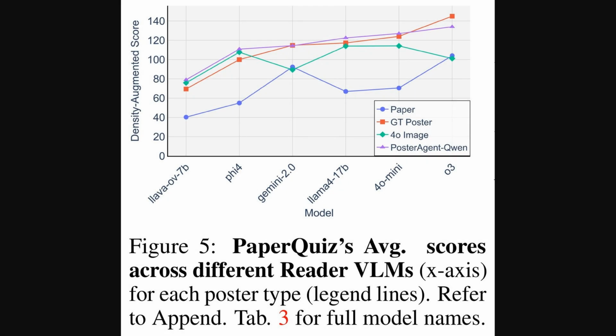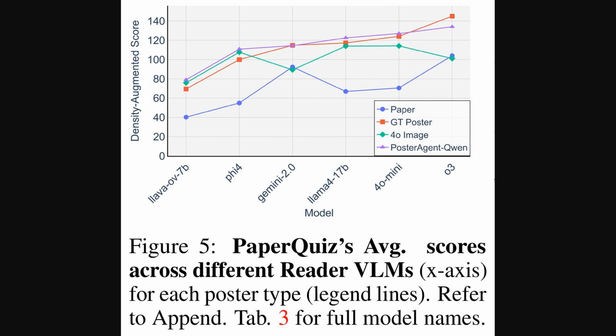Alright, so Table 1 showed Poster Agent holding its own against human-designed posters in terms of quality. Figure 5 here gives us another important angle. It looks at how well these different poster types actually help convey information, using that paper quiz we talked about earlier. This plot shows the average density augmented score on the y-axis. The x-axis lists different vision language models acting as readers.